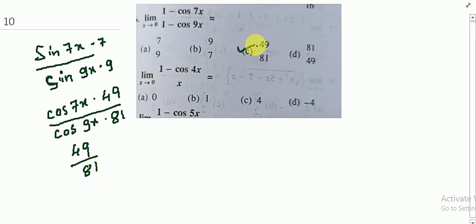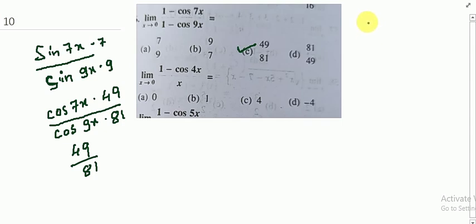So option C. The main intention of all these problems is that you should learn how to apply this L'Hospital's rule, that is, find the derivative of the numerator separately and the derivative of the denominator separately. Again if it is 0 by 0 form, again differentiate numerator and denominator separately. In the same manner, let me consider this second problem, the limit of (1 minus cos 4x) divided by x. Again as x tends to 0, it is 0 by 0 form.